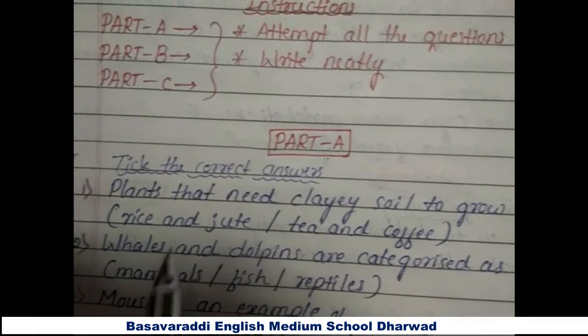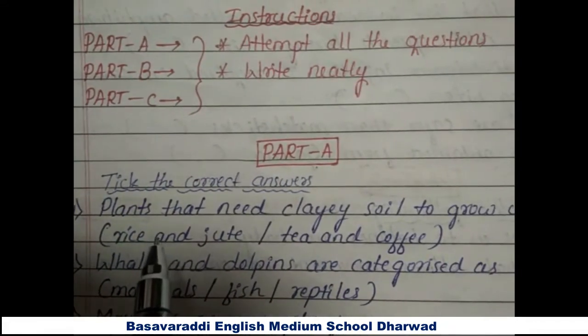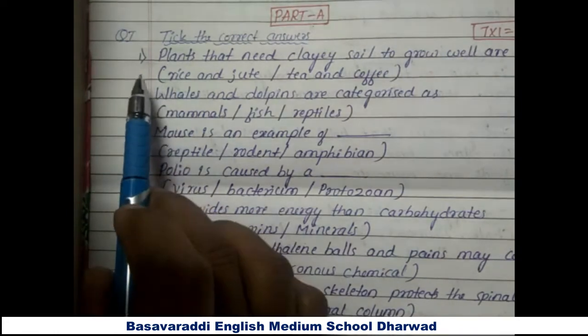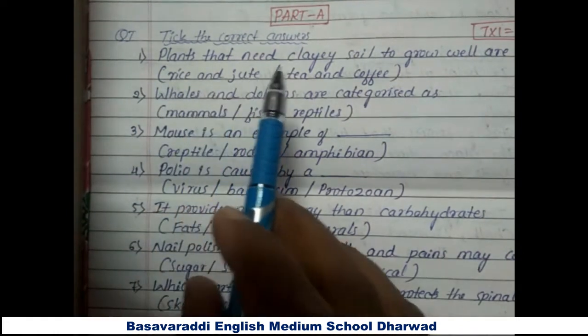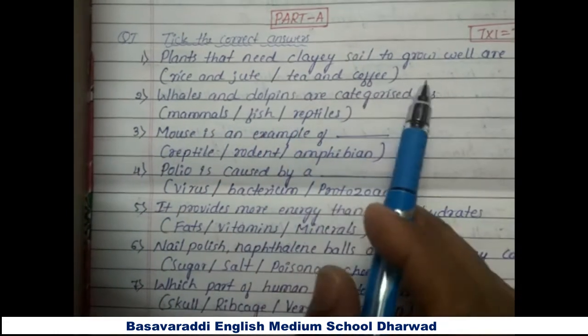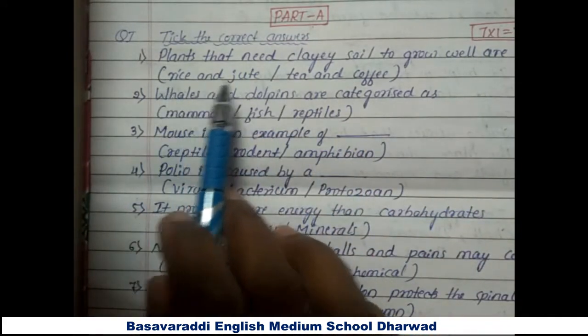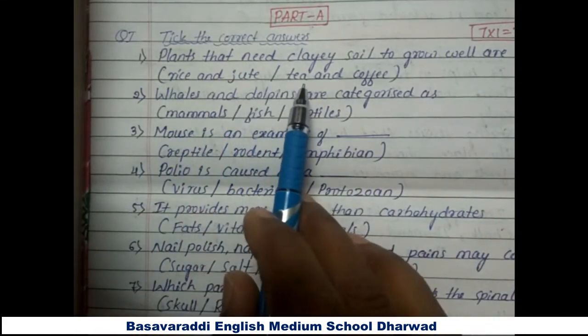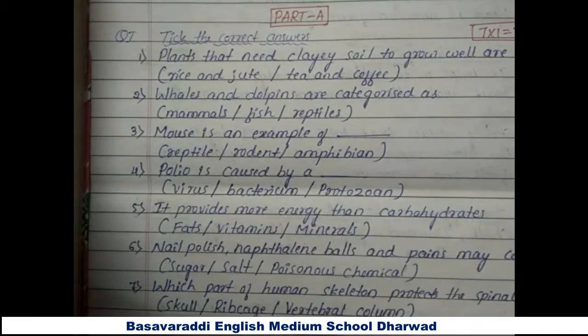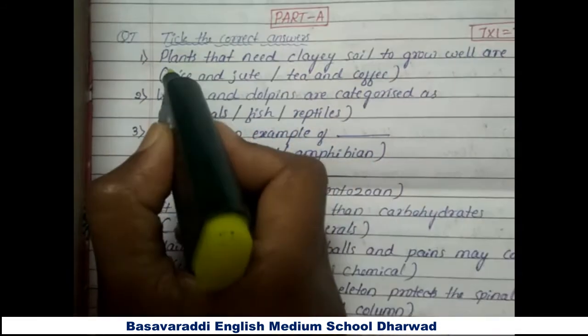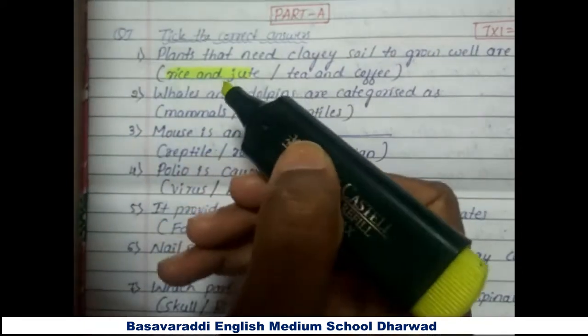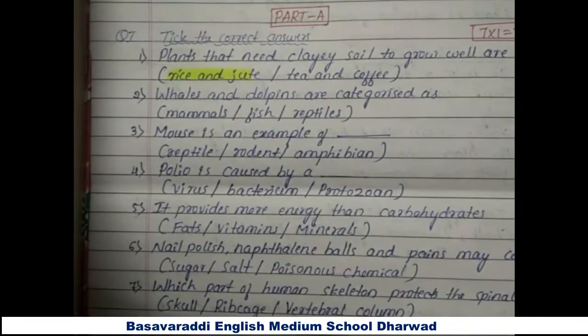The first one: plants that need clayey soil to grow well are rice and jute, or tea and coffee. The answer is rice and jute. Why? Because rice and jute grow in clayey soil which holds plenty of water.